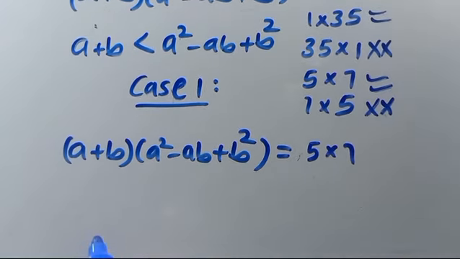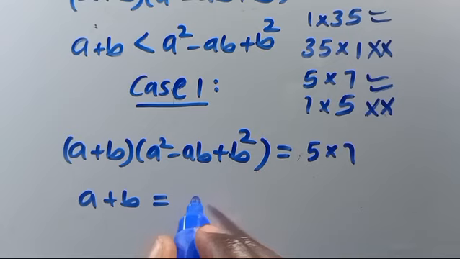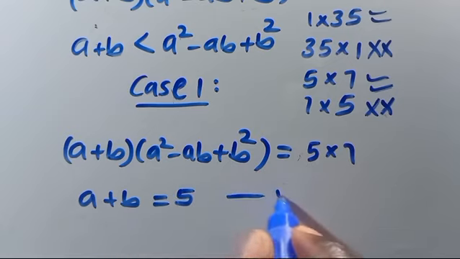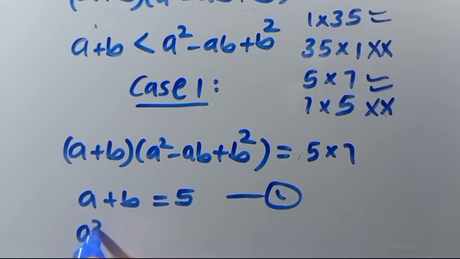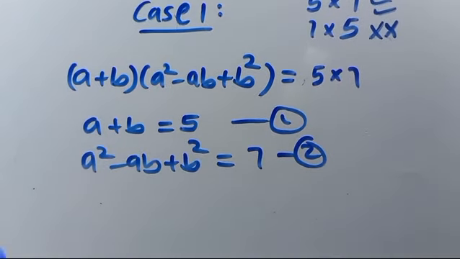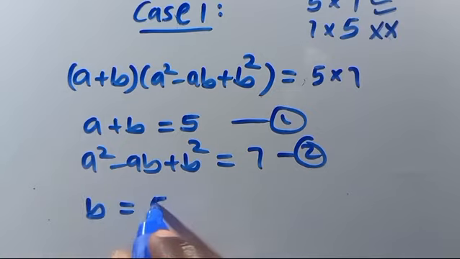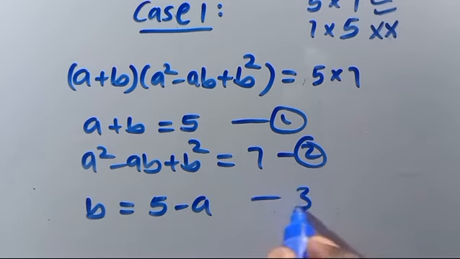And this will be a plus b equals 5, then a squared minus ab plus b squared equals 7. So from here we have b as 5 minus a.